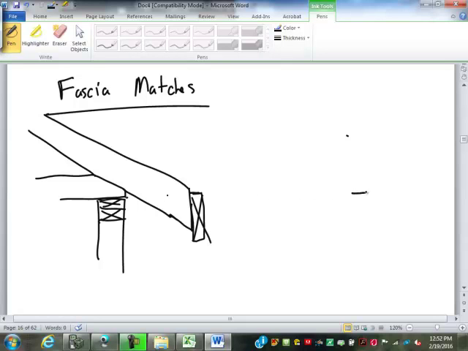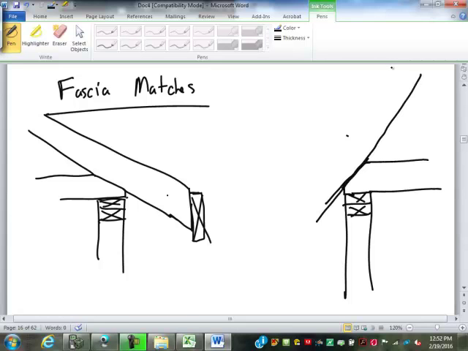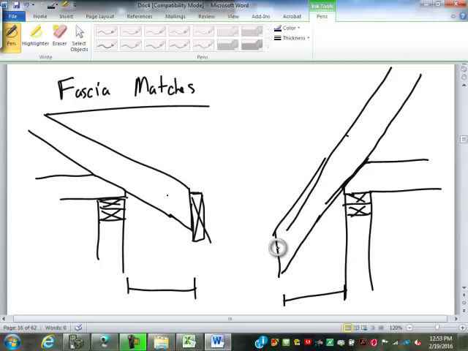Assuming that the walls are the same height throughout the house, which is hopefully a good assumption, if I have an L portion of the roof that is steeper than the main roof portion, if I have a consistent overhang distance here, what's going to happen to the height of this? It's going to be much lower, right? If it's steeper, it's going to drop a lot further in that same overhang than it does here. But we don't want that.